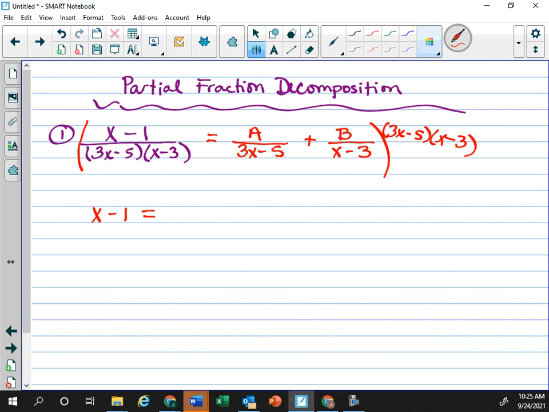Then for the A fraction, the 3x minus 5 cancels, but I'll have A times x minus 3. And then the B fraction, the x minus 3 cancels, and I've got 3x minus 5.